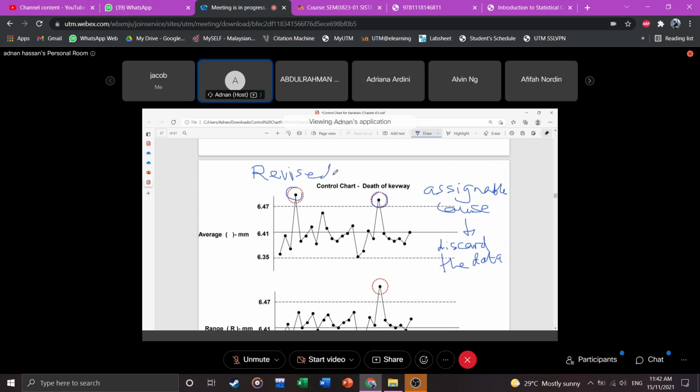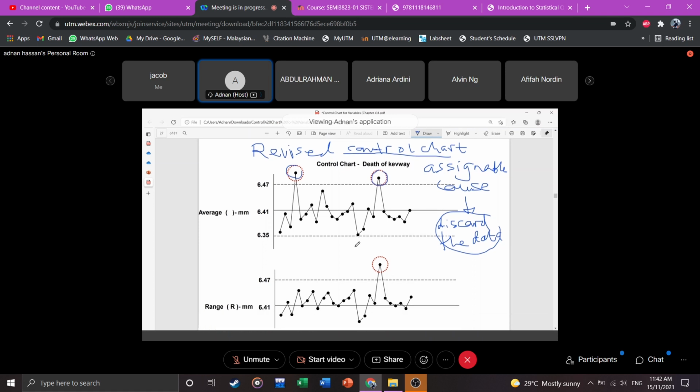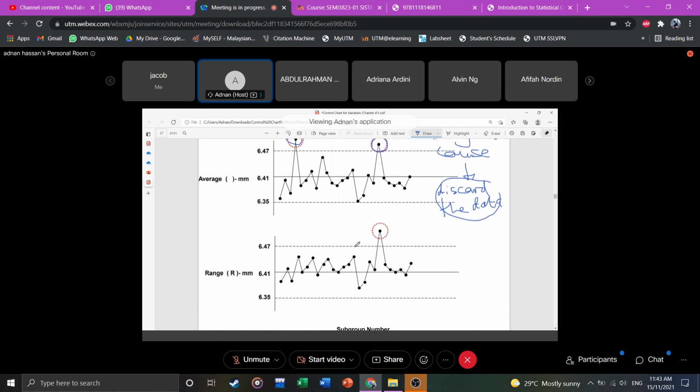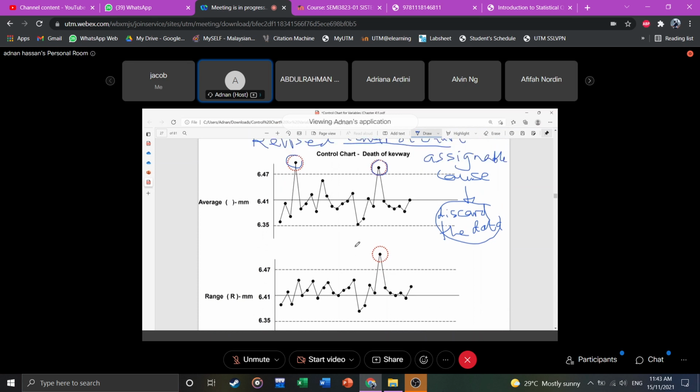Whenever we have any point outside the control limit, it shows that the process is unstable, so we remove that and discard the data. A process can be statistically stable or statistically unstable. If unstable, we assume an assignable cause and then we remove it.